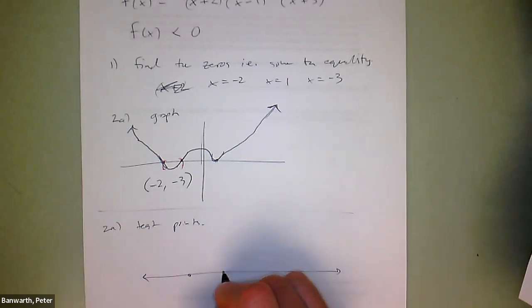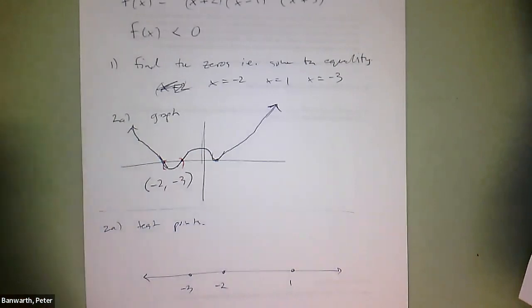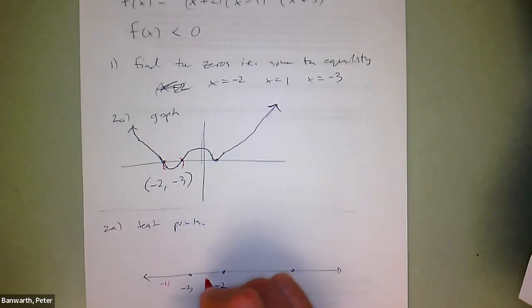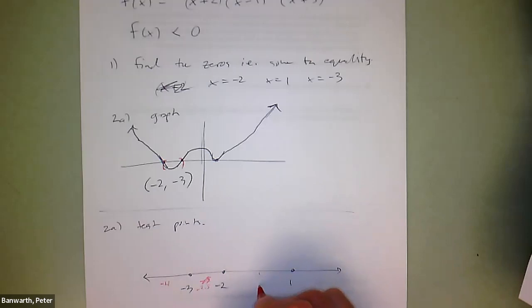I will put the zeros on there, negative 3, negative 2, and 1. Then I'll choose a point that's smaller than, between, and bigger than my zeros. So I'll try negative 4, negative 2.5, 0, and 2.